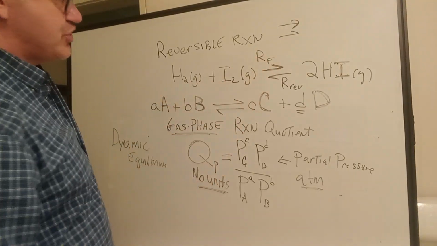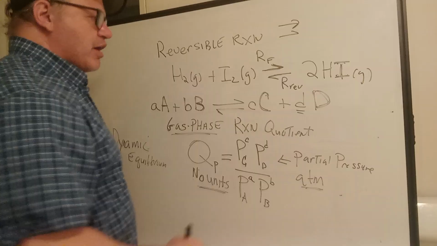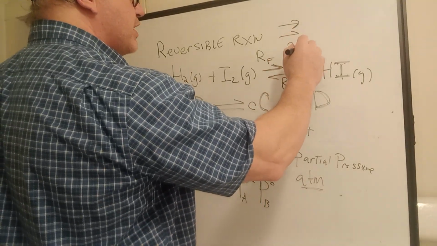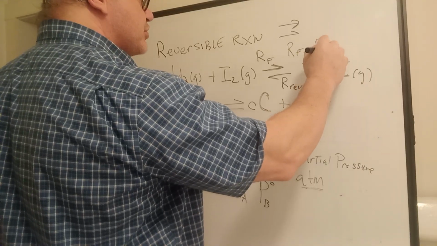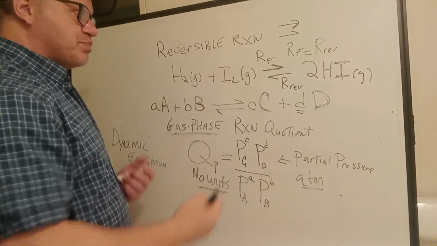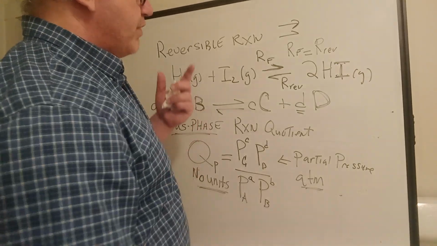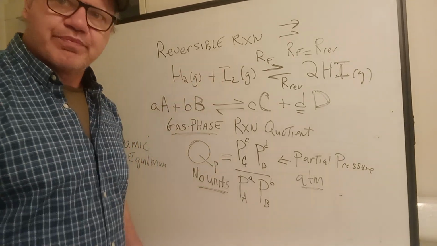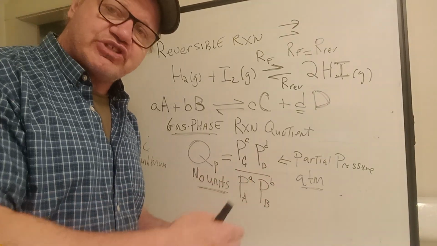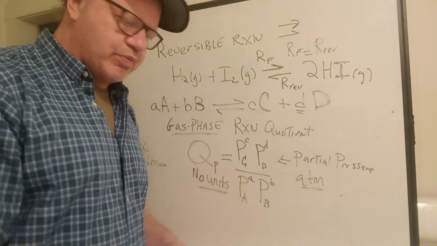Let's take the reaction over here. When you're in equilibrium, the rate forward equals the rate reverse. That's not true in general. In a reaction proceeding, in general, one of the rates can exceed the other. Equilibrium is a particular condition that systems tend to go to.